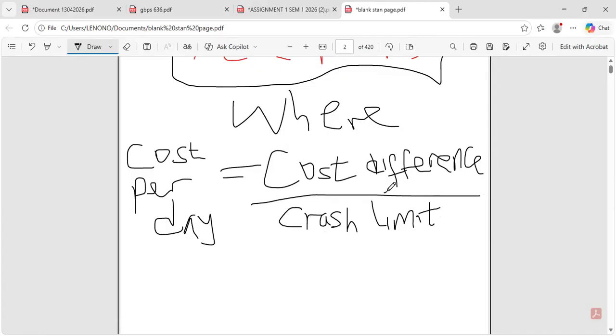So cost difference divided by the crash limit. This is the cost per day.